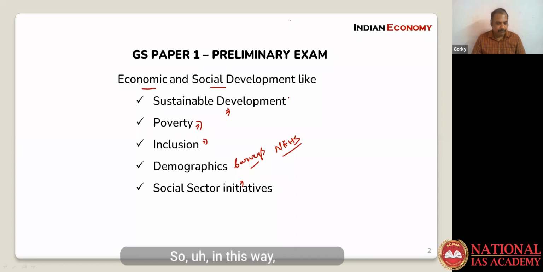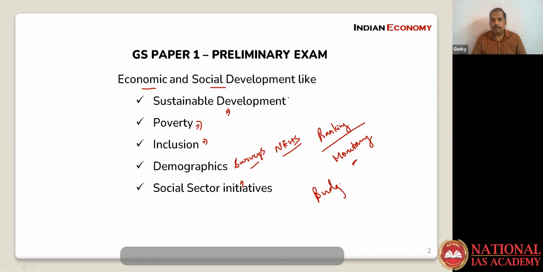So in this way, it is clear that we have questions dependent on these areas, but also other areas like banking, especially monetary policies and so on. Apart from that, we have the budget, that is public finance.